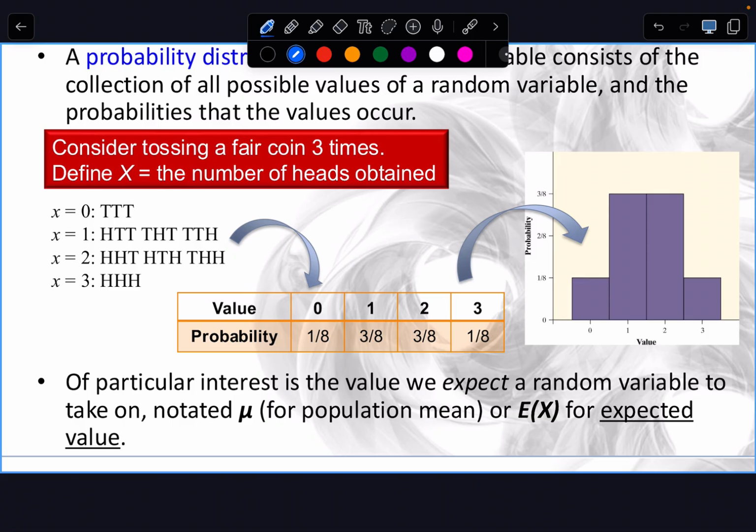When we graph it, we're just creating kind of a modified histogram. So the x-axis is going to be the values that our variable takes on. So we're just listing out the possible outcomes. And then the y-axis will be scaled according to the different probabilities associated with those outcomes.